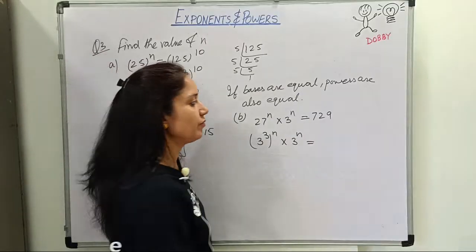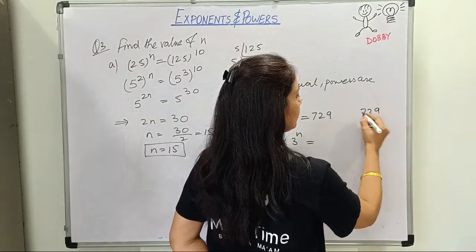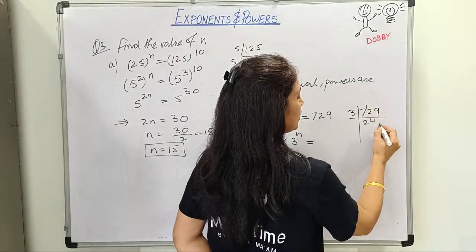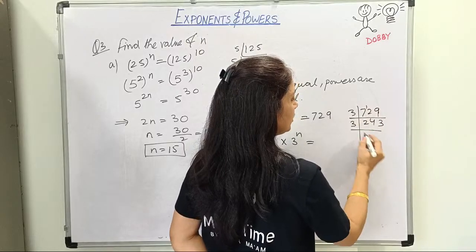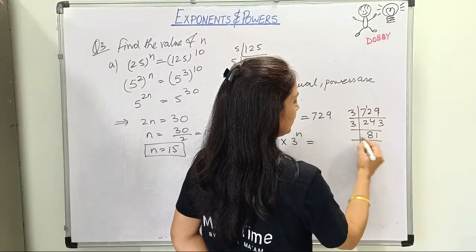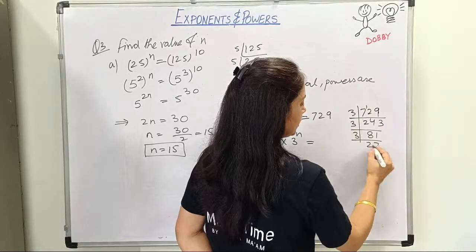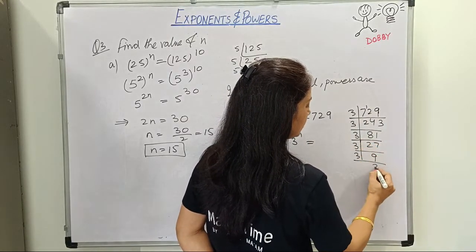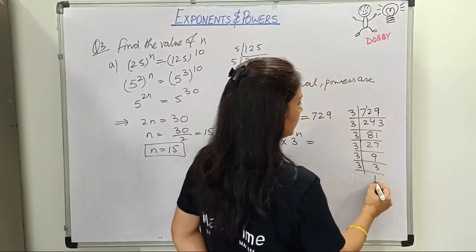Let us find the prime factors of 729, dividing repeatedly by 3.